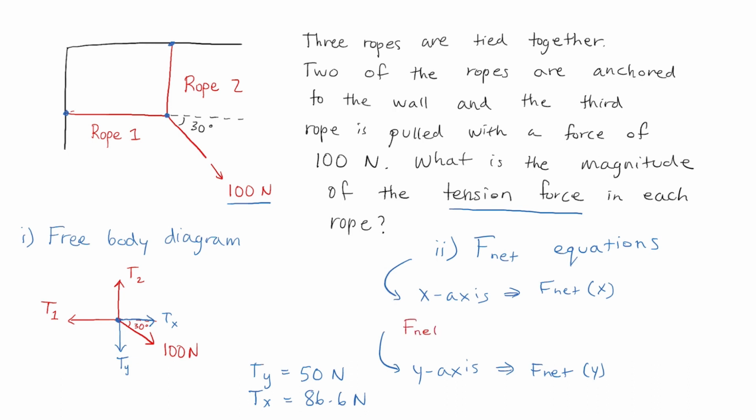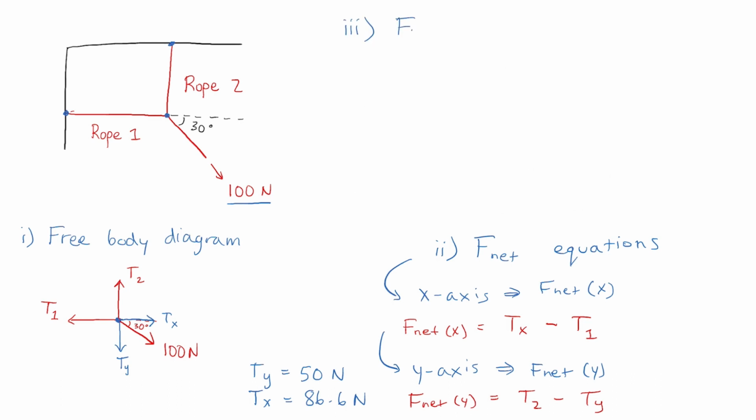Fnet x is going to be equal to Tx minus T1. T1 is negative because it's a vector that points to the left, while Fnet y is going to be equal to T2 minus Ty. Ty is negative because it's a vector that points down. And now that we have our Fnet equations, we can solve.